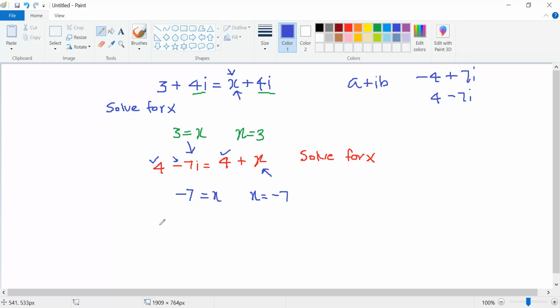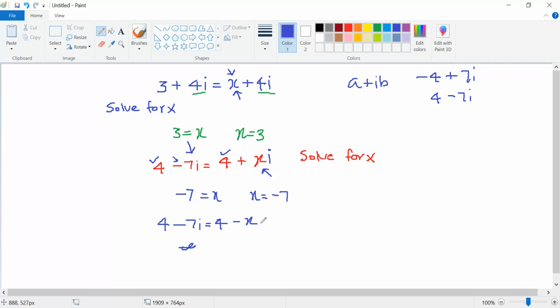Now I can use the same example and write 4 minus 7i is equal to 4 minus xi. Actually, I should have written this as xi, because if I write just x, that's not clear as an imaginary part.